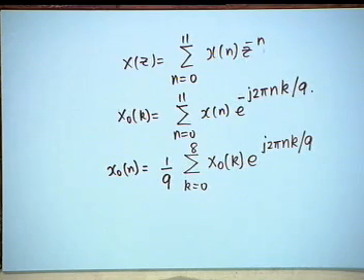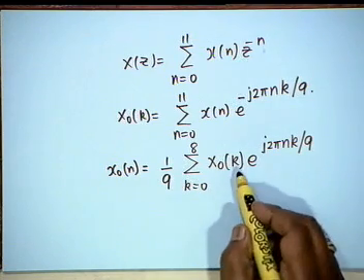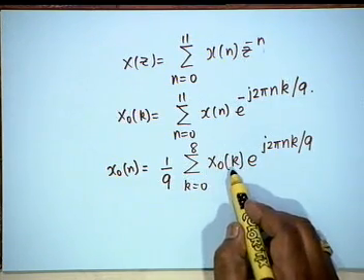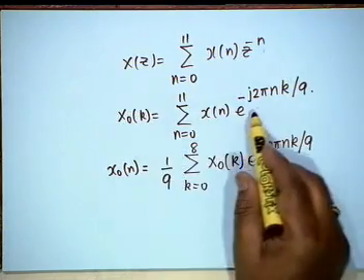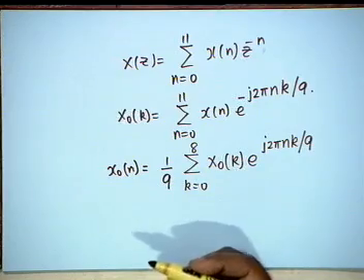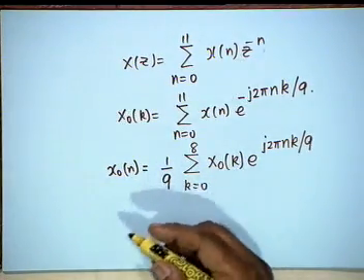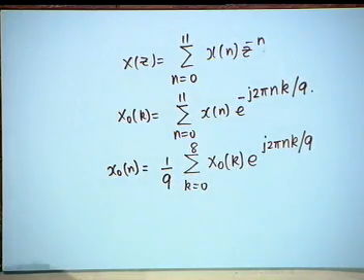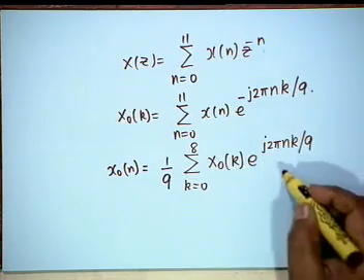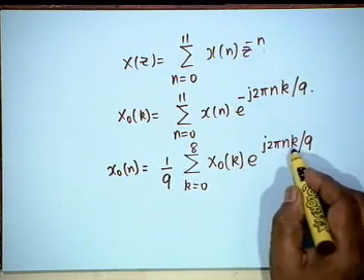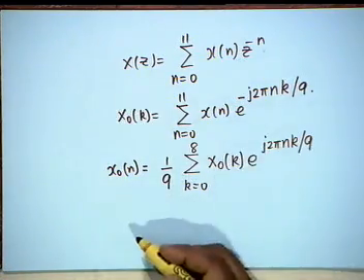Okay. And then the trick is, I have not computed X0(k), but I can substitute this relationship. So, I substitute, but then in substitution you must change the dummy variable, otherwise you run into problem. You must not have j 2 pi n k, you must change the variable here.